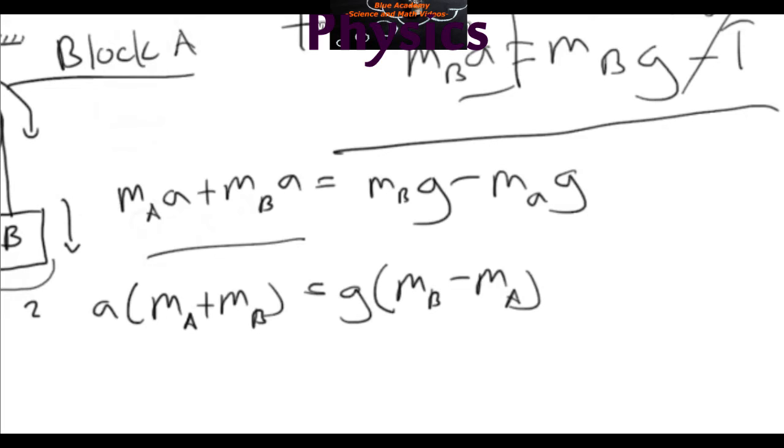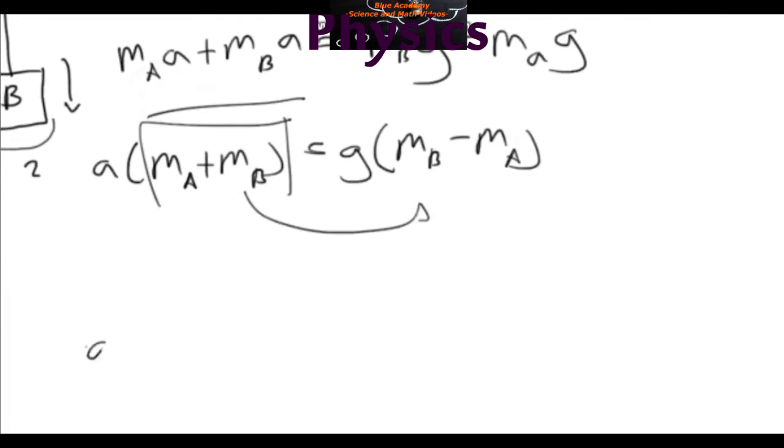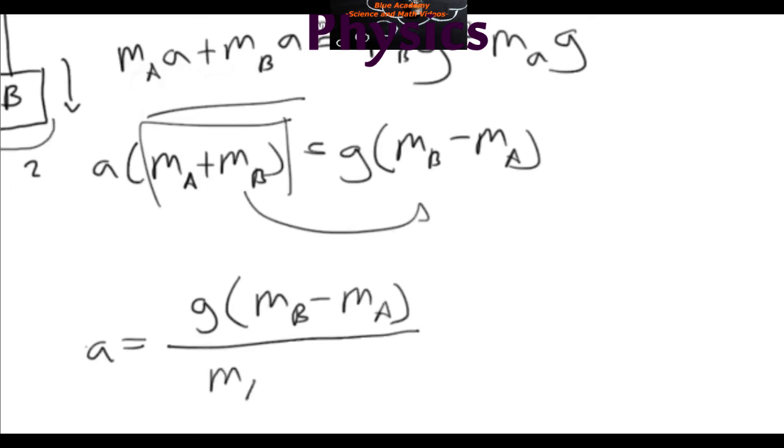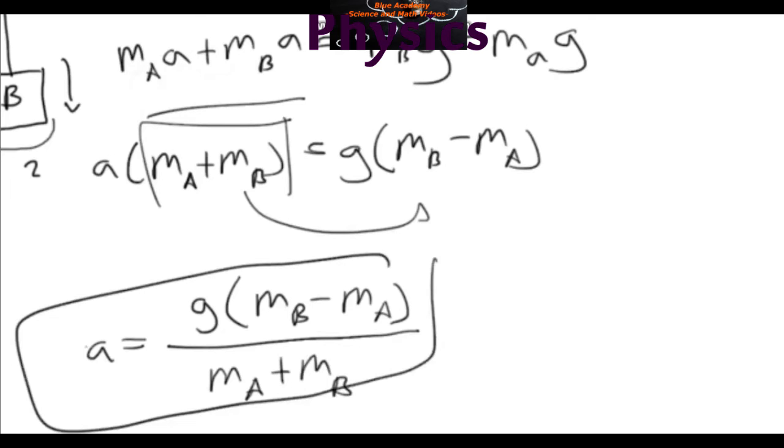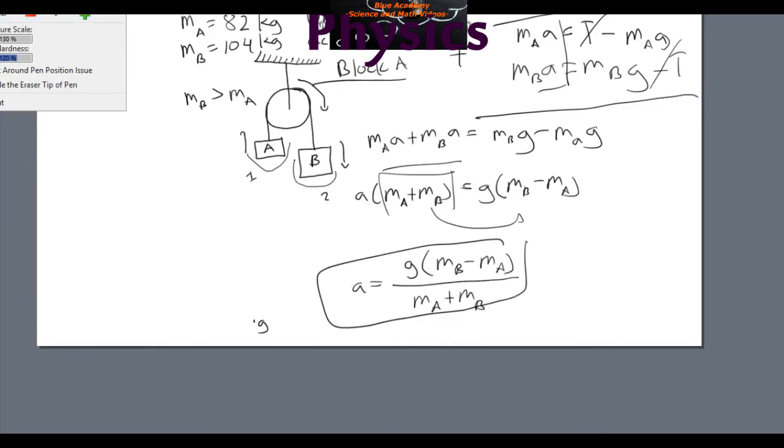If we divide this entire thing down here, we have a equals g times (m_b minus m_a) over (m_a plus m_b). And right here is our generic equation for figuring out the acceleration of the object.